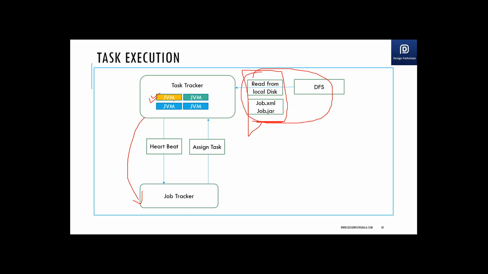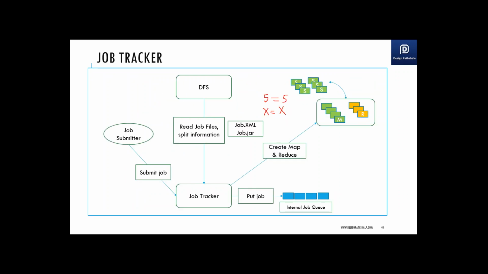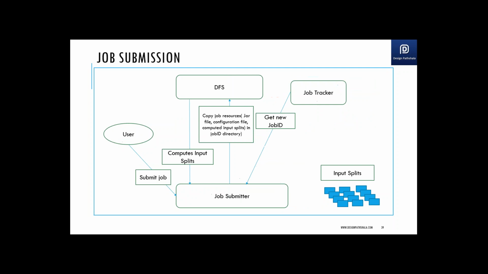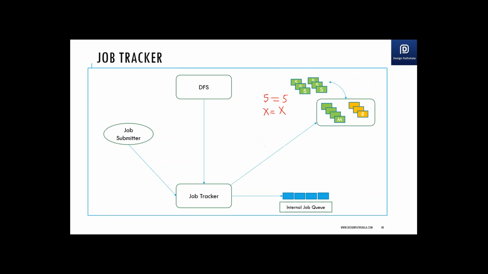So a new JVM is created, and that is the logic with the data as an input to the logic, and that runs. Is this logic shared for all the data nodes? Yeah, of course. That's a single logic, no? So that is a single jar which we copied over here. See, we copy the jar to HDFS, the distributed file system, and this is the jar which is read by this task tracker.